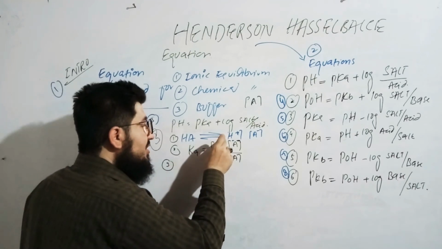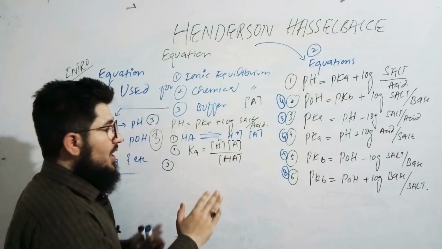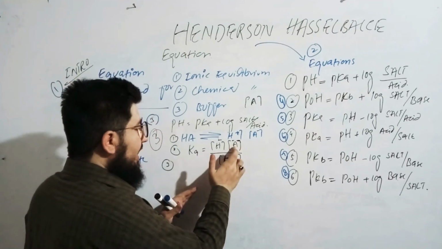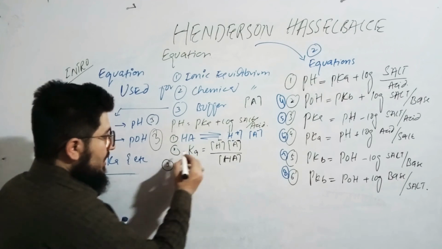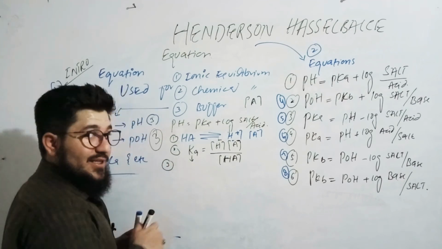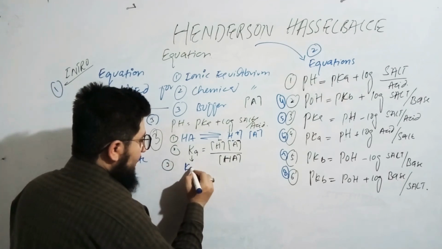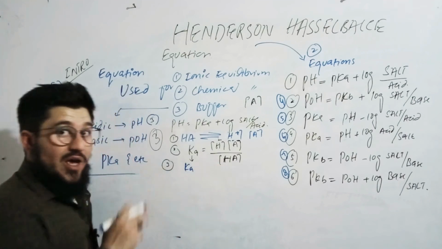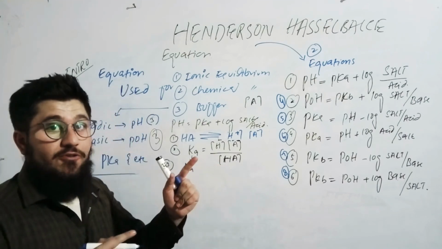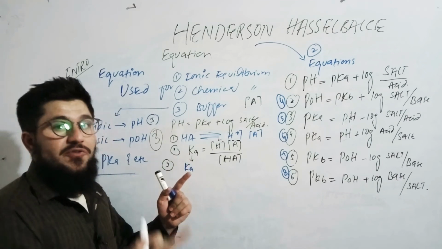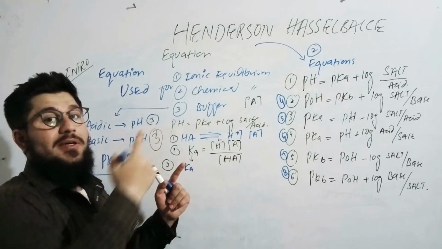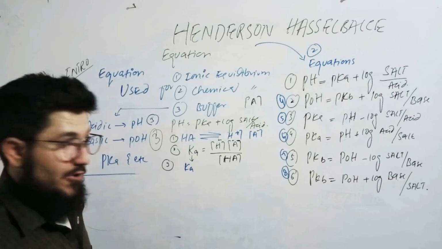Now we will just keep this H aside and start shifting the A negative and HA from this side to the Ka side. Very simple. Just drop the Ka as it is. Ka is here. Now whatever is in multiplication will be shifted into division, and what is in division will be shifted into multiplication. Very simple.